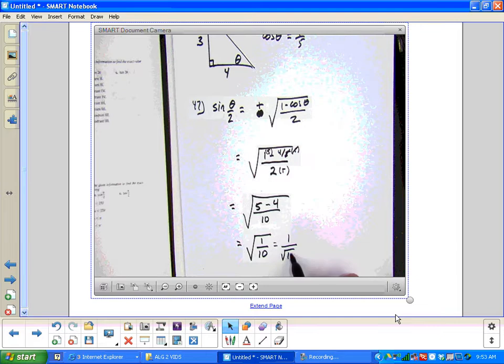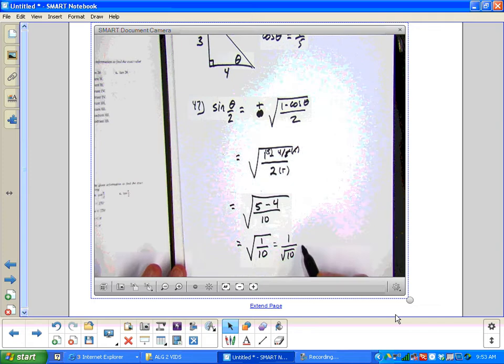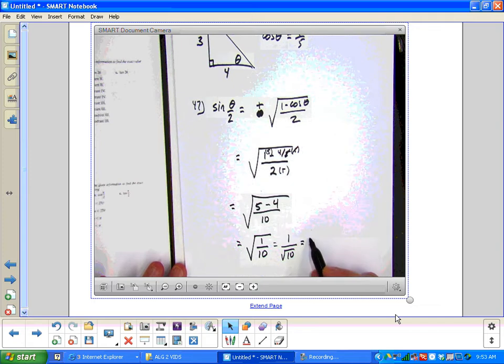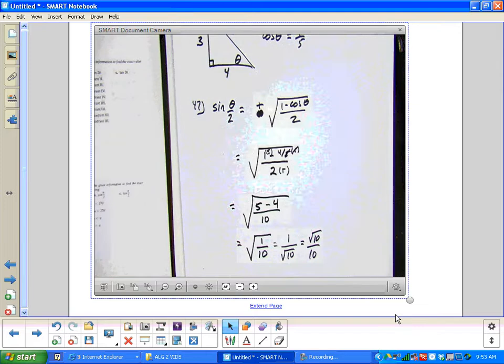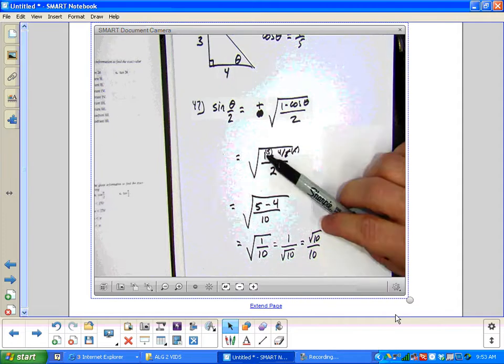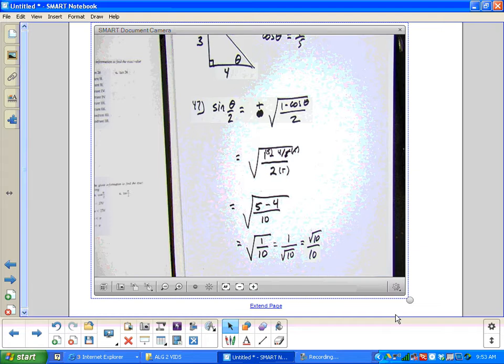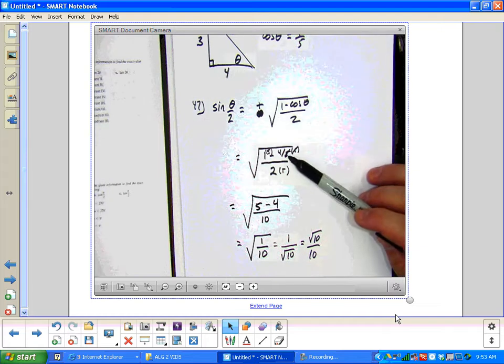Okay, and so notice that you're going to have to rationalize that. So it's going to give you, what, square root of 10 over 10. Okay, talk to me. Did y'all follow everything that we did there? I think one of the things you're going to have to realize is this step right here is you get rid of the fractions right there. You multiply by the common denominator, which is just going to be whatever this number is.